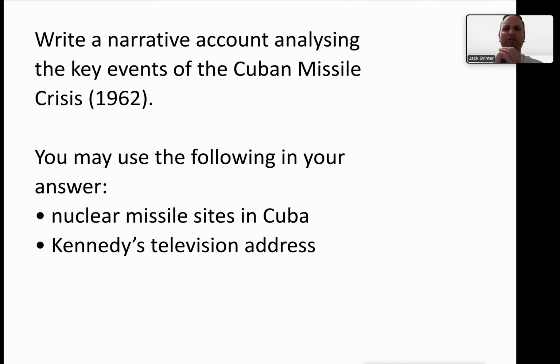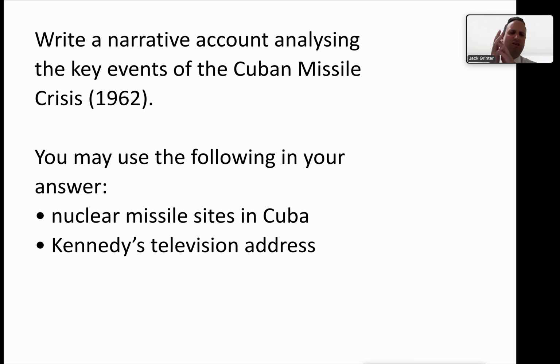We then have the Cuban Missile Crisis. If you had the events of that, I would do the Cuban Revolution. I would do how that led to relations becoming worse between them. The Bay of Pigs incident. Okay. Then you go into the missile sites being photographed, and then you go into the events of it.